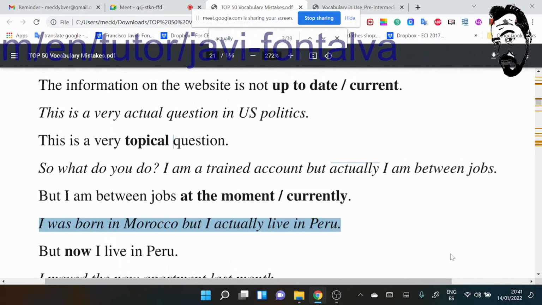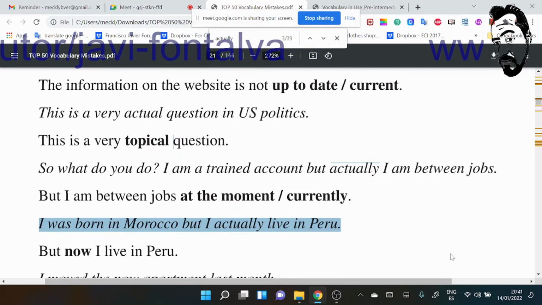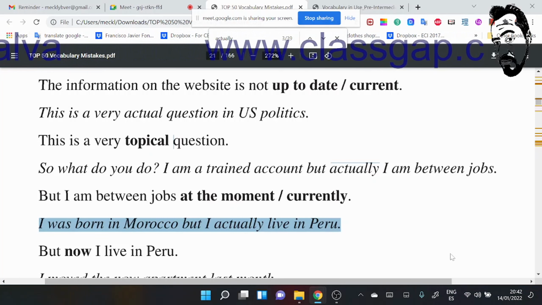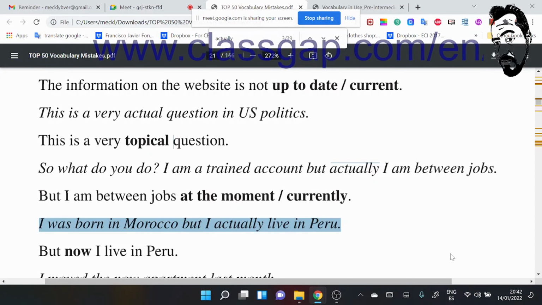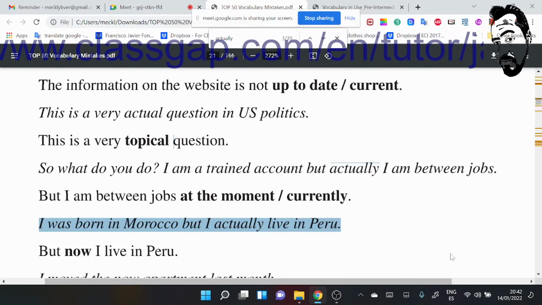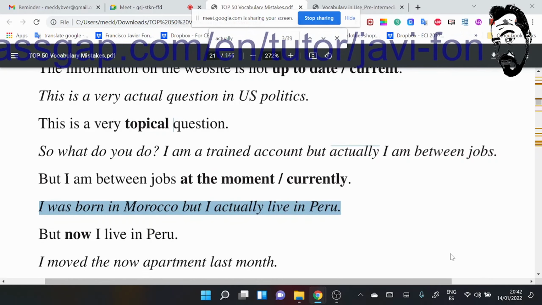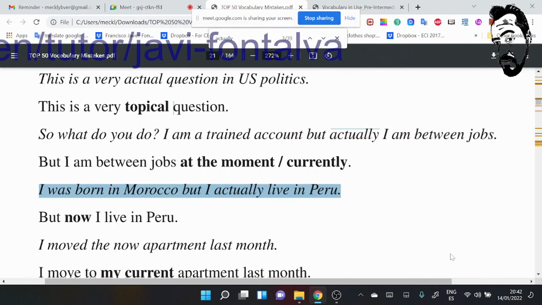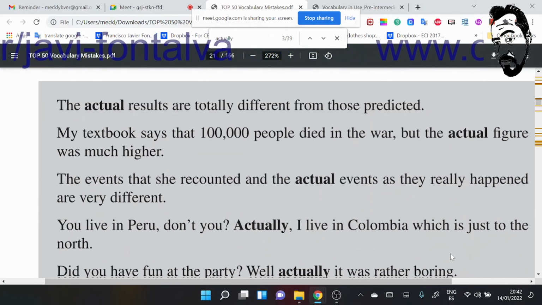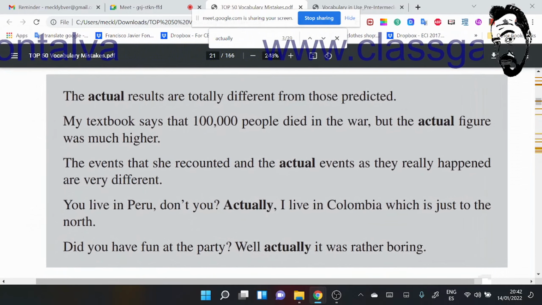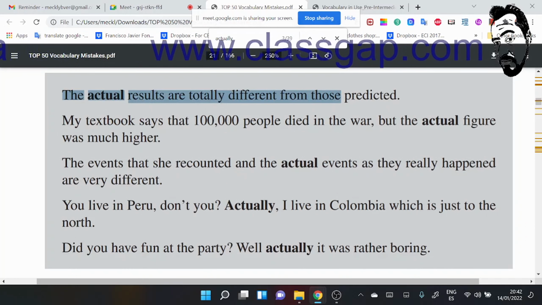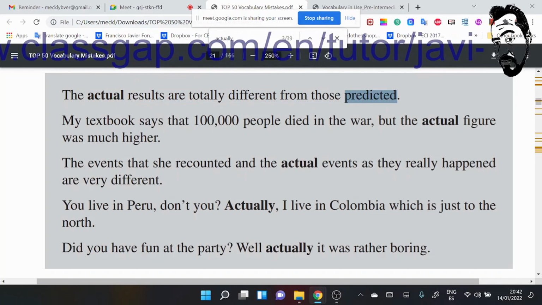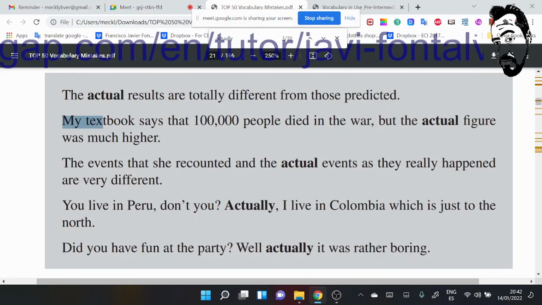You can use actually, for example, you say, "Are you French?" You could say, "No, actually I'm Spanish." So the reality is that I am Spanish. Okay. So we use actually to mean real. Exactly. Okay. So let me show you. For example, the actual results are totally different from those predicted. Yeah? Next one.